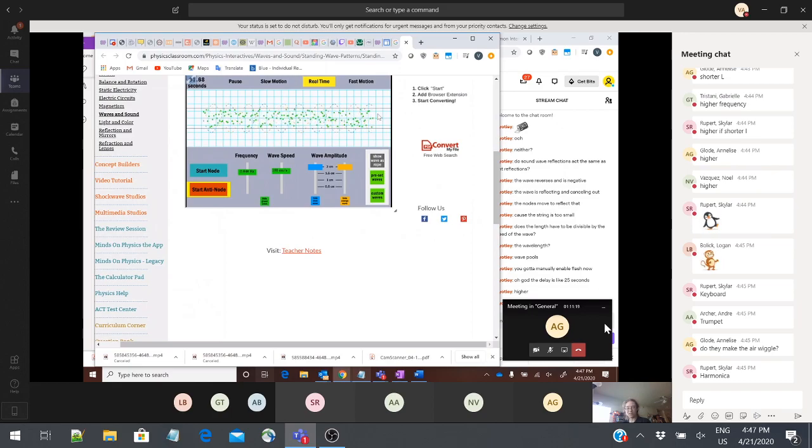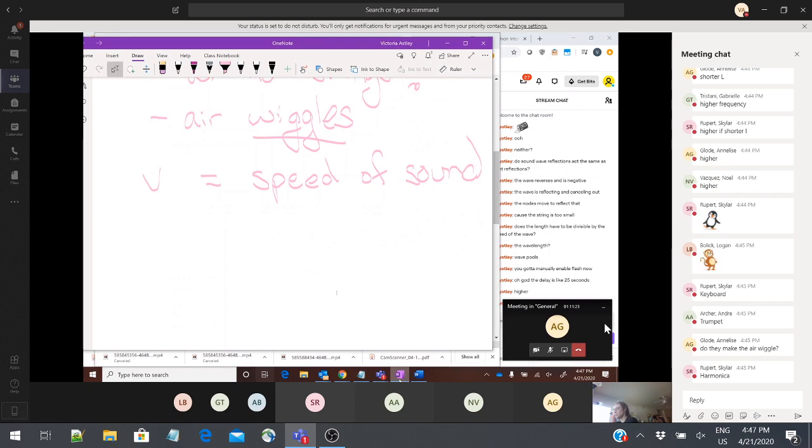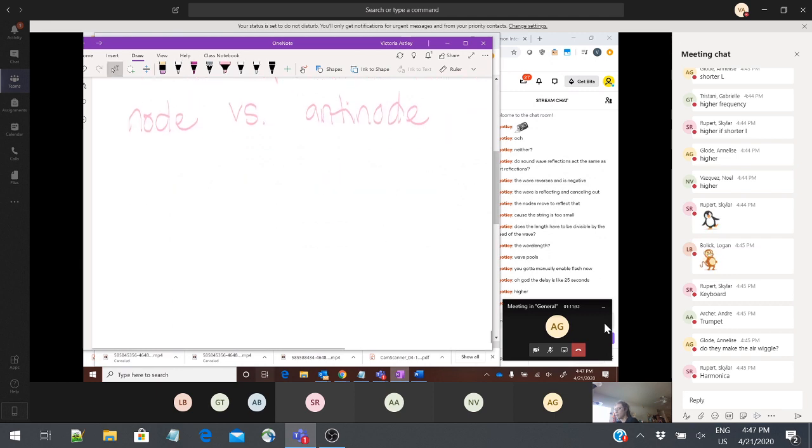The node or antinode at the end has to do with whether it is a closed end or an open end of a pipe.